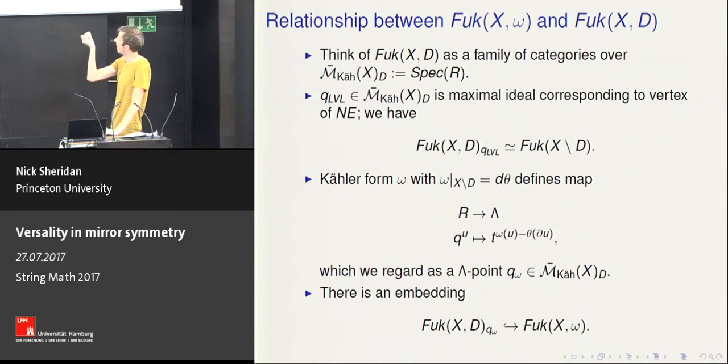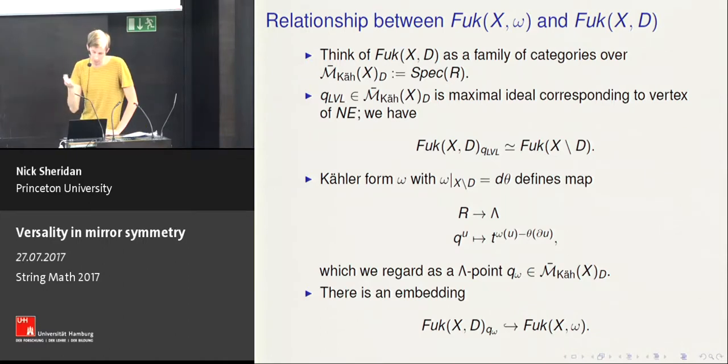Spec of R has a point, which is the maximal ideal corresponding to the vertex of this cone of effective relative classes. And the fiber of this family of categories at this point is the Fukaya category of X minus D, which is what we expected, or what I said should happen.